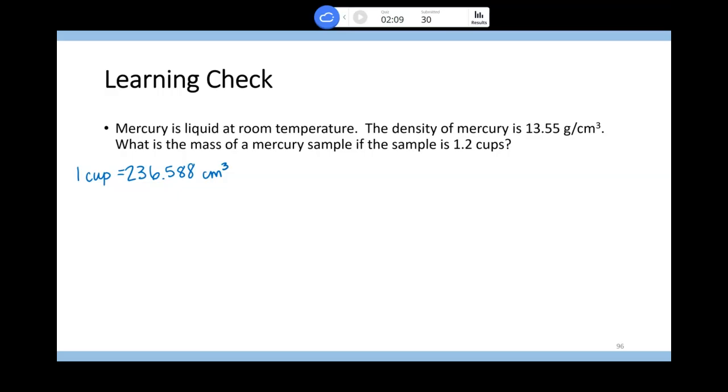You will use, yes, so we're given cups as the volume. So we need to convert that to centimeters cubed. And then you can find the mass.